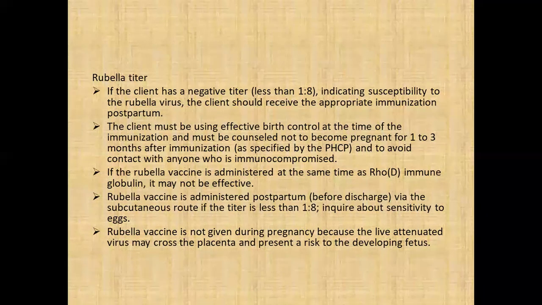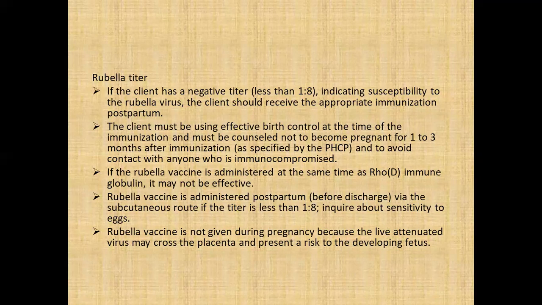As part of the routine labs in the States, every mother is tested for rubella, or we do the rubella titer status to know what status you are coming with, whether you are immune or you are not immunized.